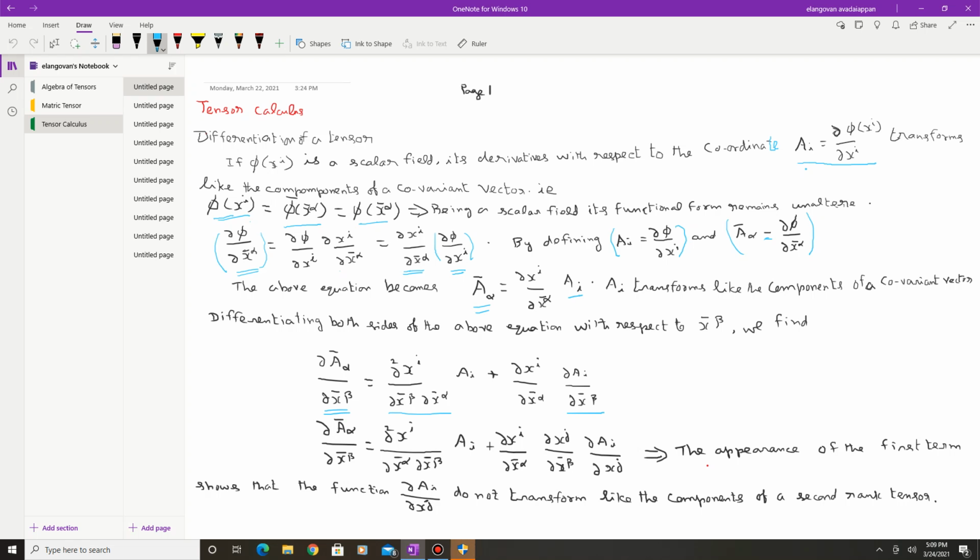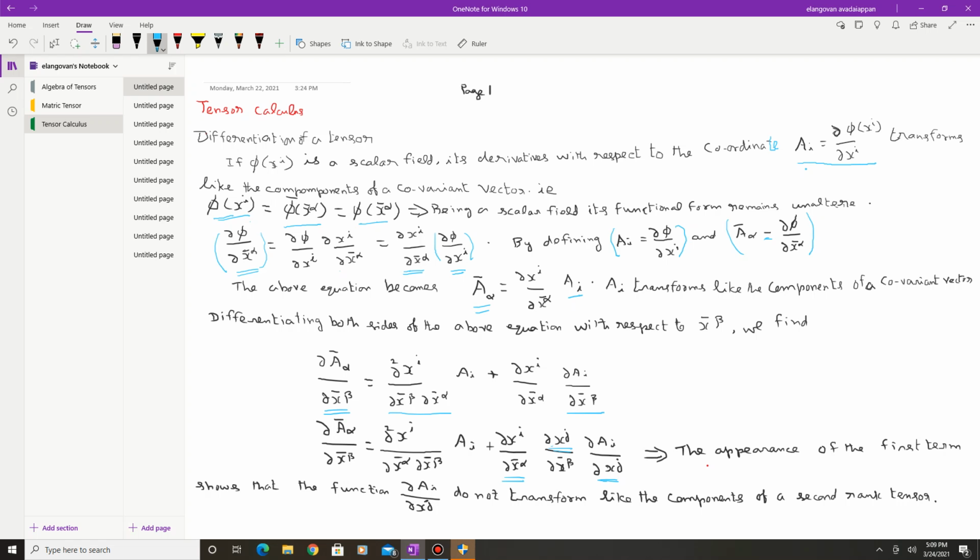Now the second term can be expressed like this. You introduce dx alpha bar and dx beta bar, and you introduce dxj and dxj here, in numerator and denominator.